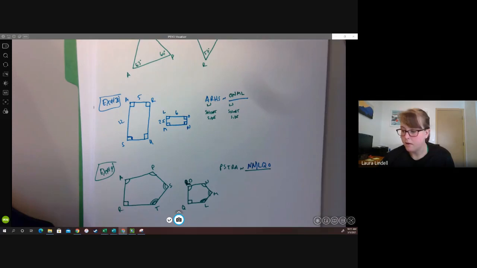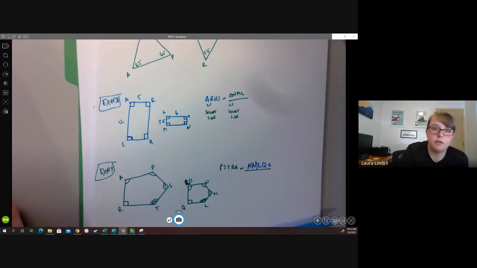Okay. So these are pretty much the main types of problems that you're going to see today on your IXL sections. We've got figuring out similarity ratios and then writing similarity statements. So I'm going to go ahead and post those, and then we will talk about them, take a look real quick together, and move on to where you get to work independently.